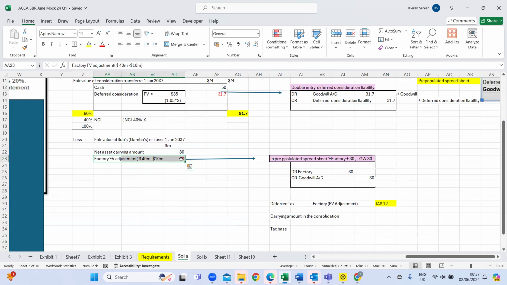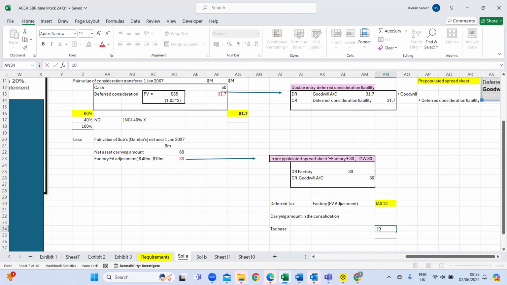Why? Because the subsidiary records it only at the carrying amount, so the tax base would also record it only at the carrying amount. What is the carrying amount for the tax base then? The tax base would record this at the carrying amount, which was the original figure of 10 million.